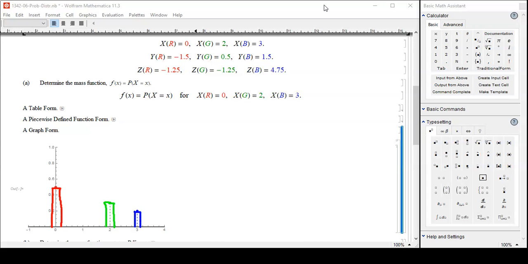Like this, and call it probability histogram. And that's quite common too, as a matter of fact. And our textbook author does not really emphasize probability histograms, but some other textbooks do.